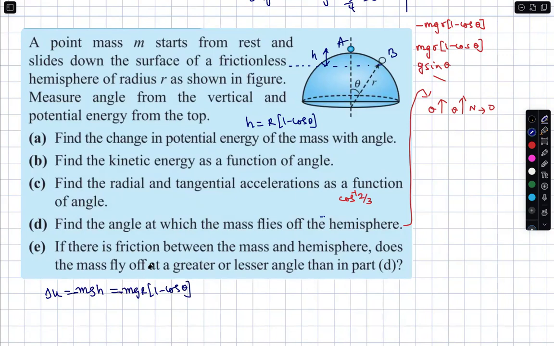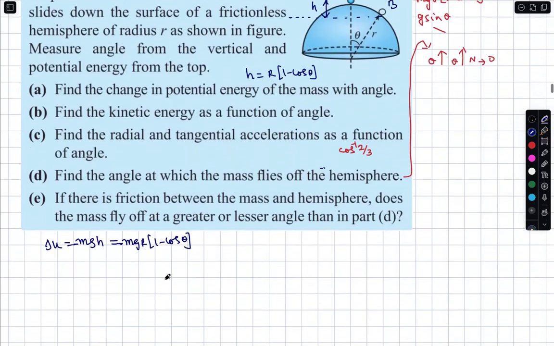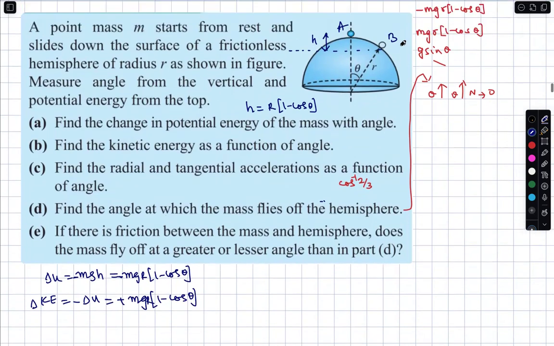So minus mgh. Find the change in kinetic energy as a function of time. Change in kinetic energy is nothing but negative of change in potential energy. Why? Total energy is conserved. So therefore, this is nothing but plus mgR times 1 minus cos theta. Done.